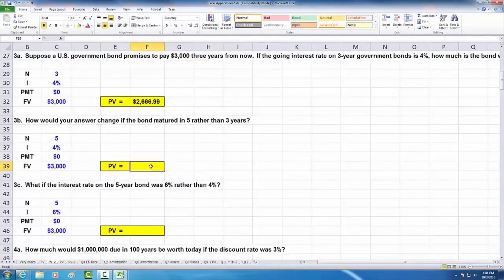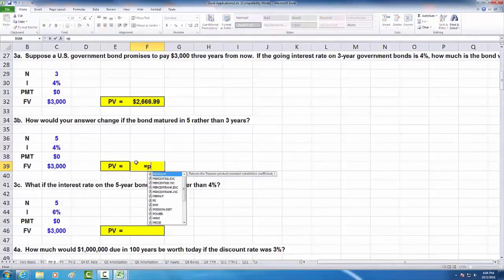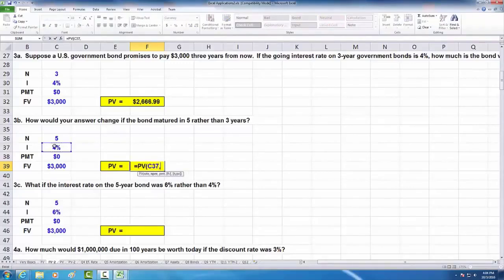So what you need to do is just instead of 3 we have 5 here. Use equal sign, write present value, first the interest rate here, and then comma, number of periods 5 this time, and we have 0 payments, we don't make any payments, so you can use 0 from here, and then this time use minus sign, and the future value is the same.